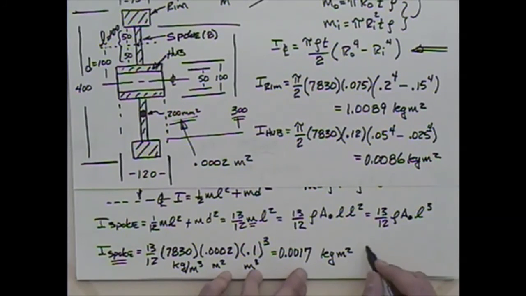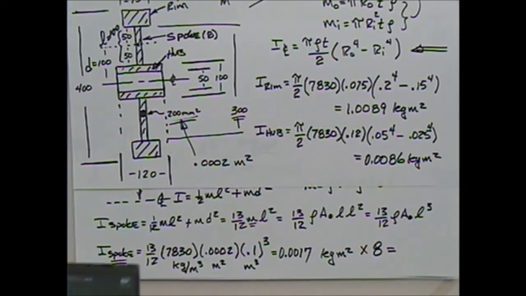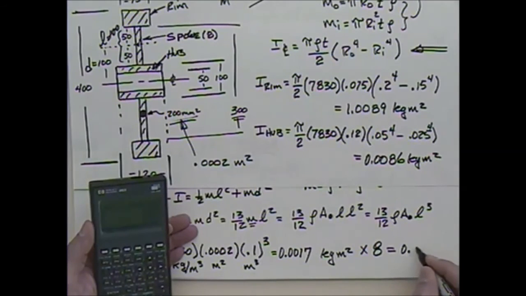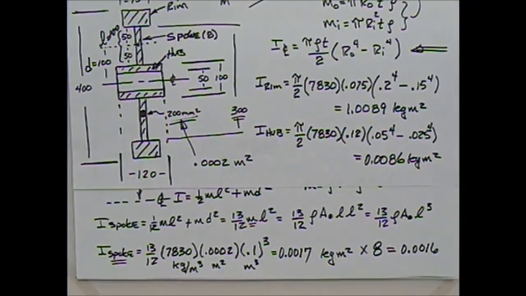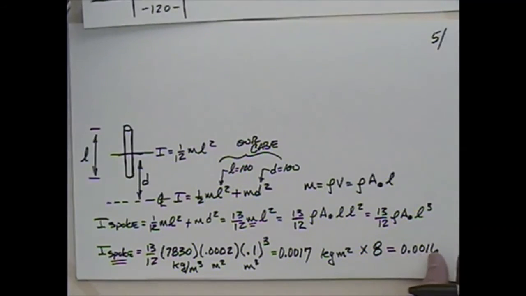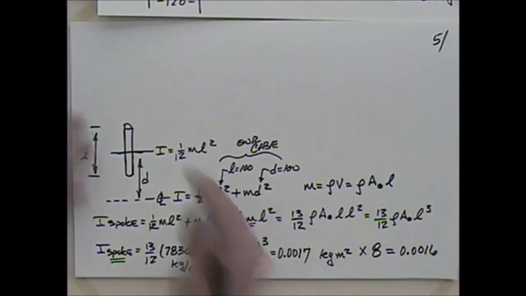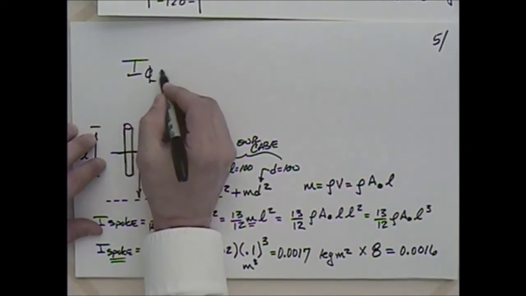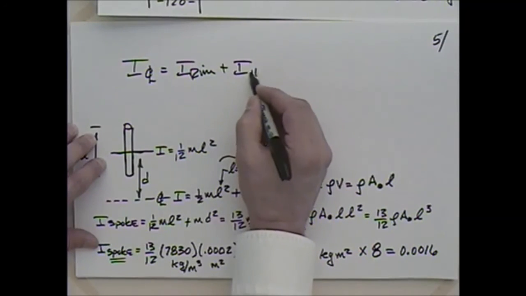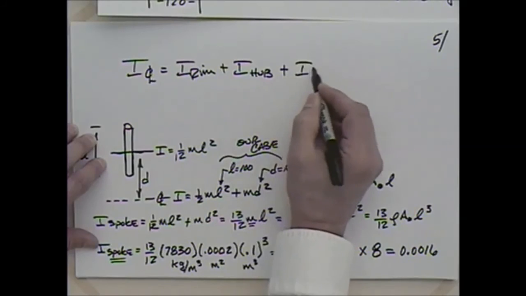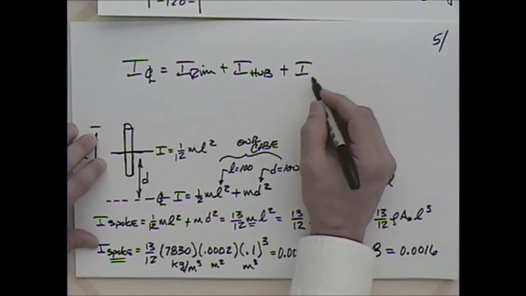So what I want to do, I want to multiply this by 8. And what do we get? Because we got 8 spokes. So 0.0016. So still not very much. So I could say then that I about the center line would be equal to I for the rim plus I for the hub plus I for all the spokes. Yes?